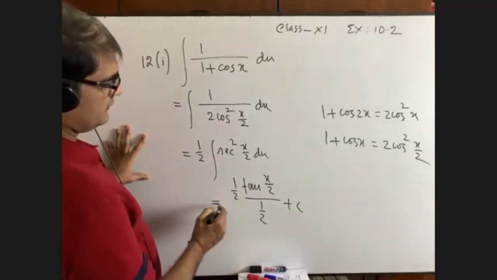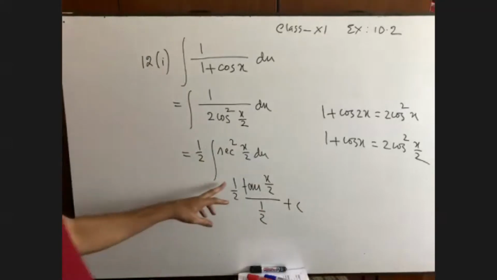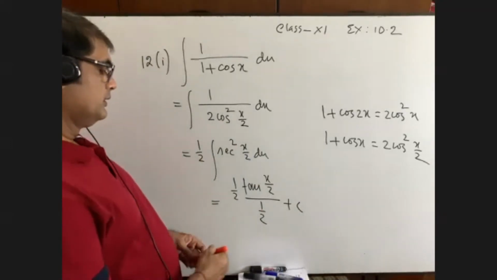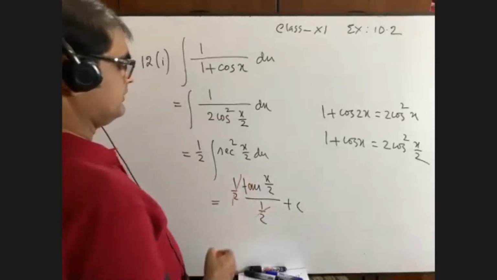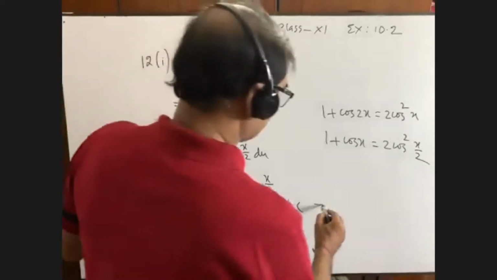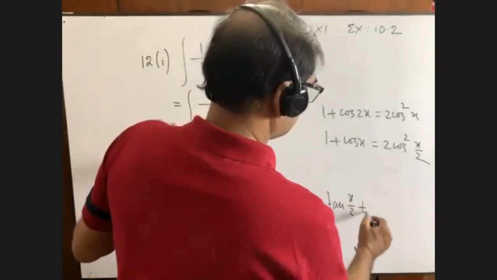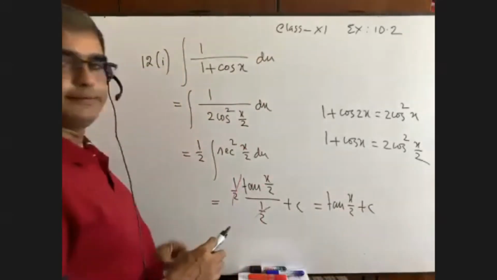Is it or not? Now if you omit this half and this half, we are left with only tan x by 2 plus c, and it's our answer.